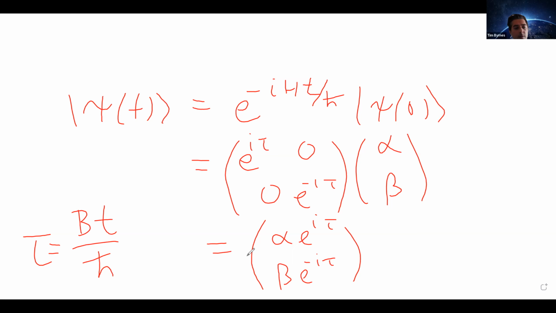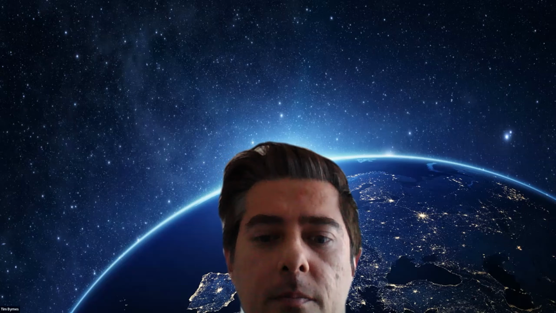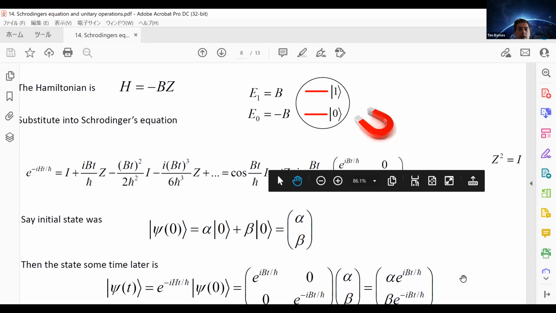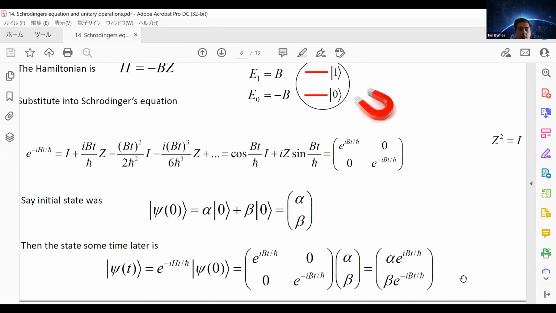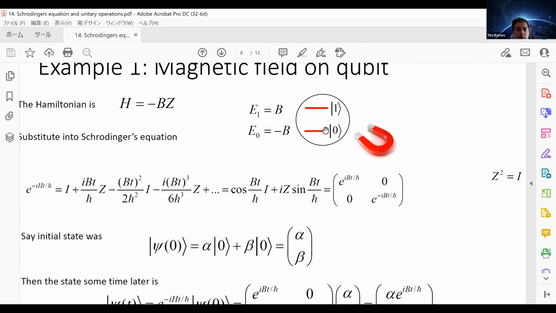These are just physical numbers that you can plug in, and this is your state evolution. So we can quickly go back and have a look at the slide. The final state is what we have at the bottom here, and that's how it changes in time.